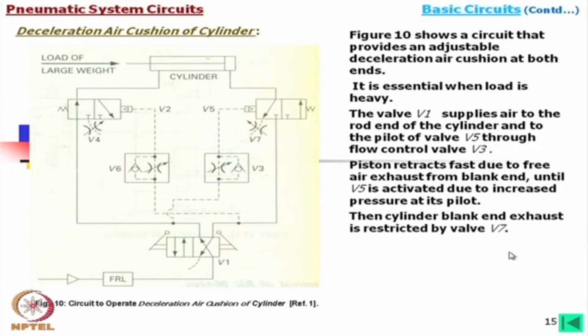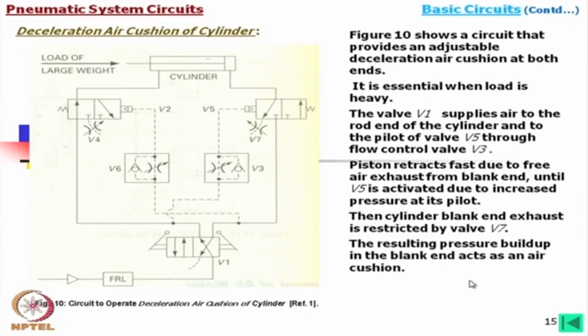Then the cylinder blank end exhaust is restricted by valve V7. The resulting pressure build-up in the blank end acts as an air cushion.